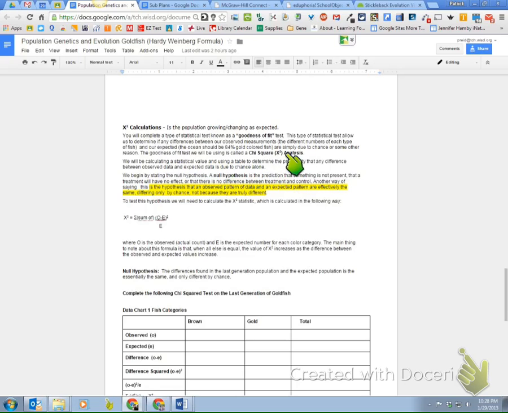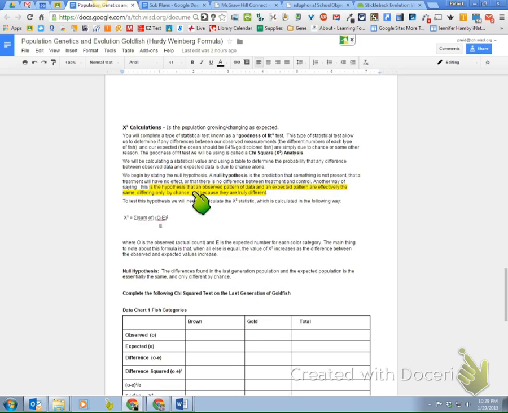When we start, we're going to use a probability table, and we're going to start with the null hypothesis. A null hypothesis is not a standard hypothesis. It essentially says that if everything is the same, there will be no difference between the treatment and the control, so no difference between what we see and what we expect.